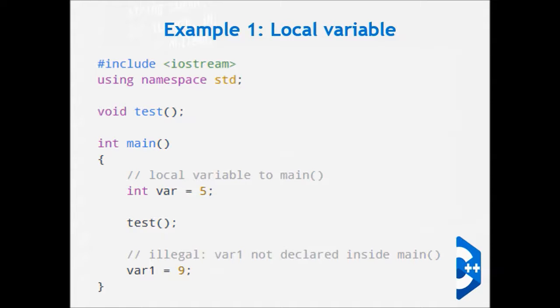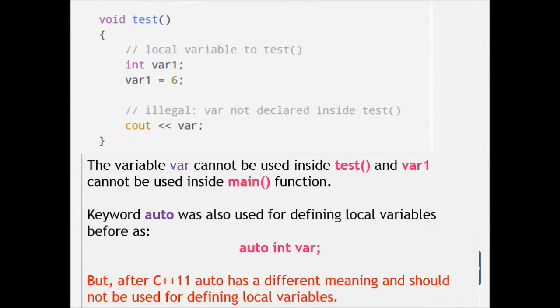After function test we want to use var1 is equal to 9. This var1 is what we declare in the function body. So in the body of the function test, between the two curly braces, we declare another variable with the name var1.